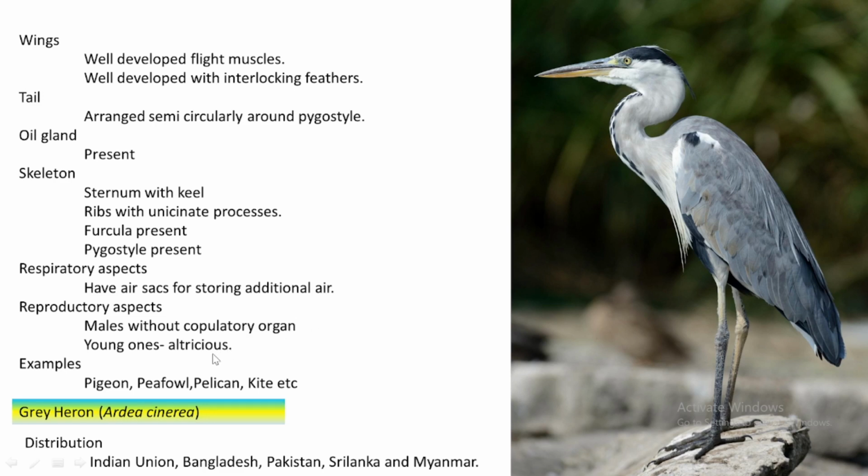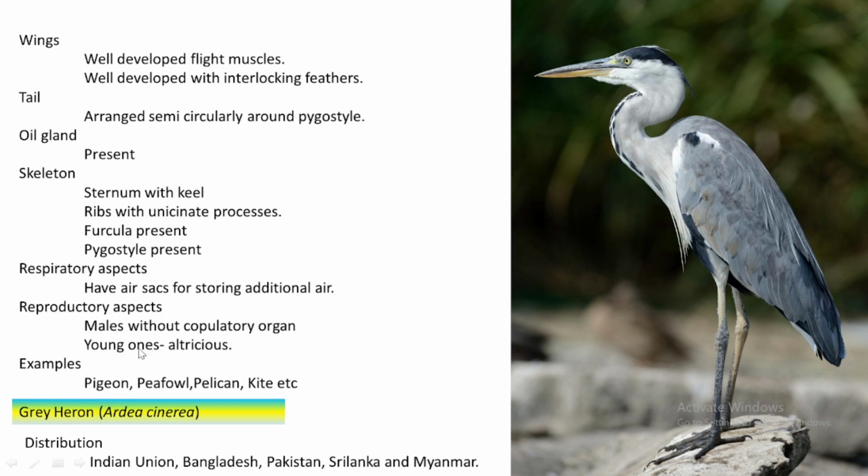But against that, altricial means the young one is born with closed eyes, and it needs the support and help of its parents for feeding and everything for some days, and later only can they move or do something independently. That type of young ones are called altricial. Examples: pigeon, peafowl, pelican, kite, etc. And under this superorder, the only example that you need to learn is pigeon.